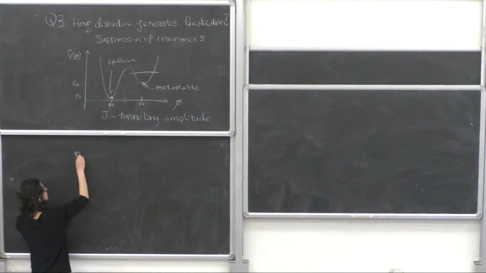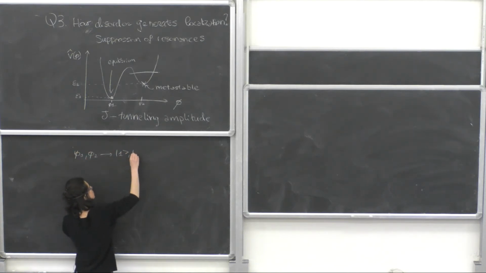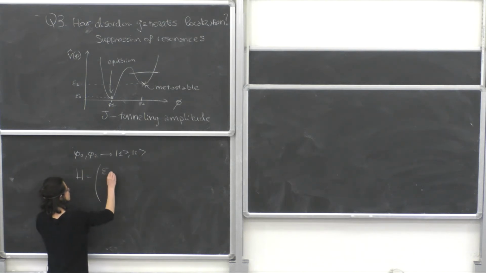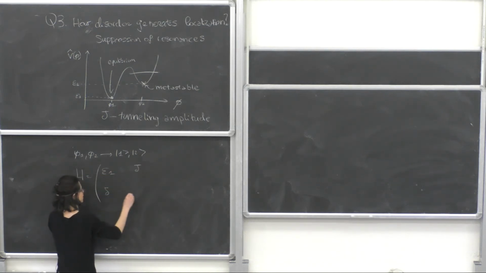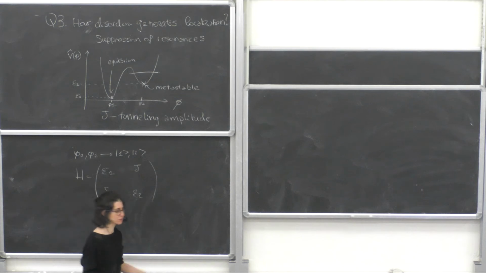So phi 1 and phi 2 become my states 1 and 2. And then my Hamiltonian would just be E1, J, J, E2, which is very simple, so I can easily diagonalize my dynamics for arbitrary initial conditions.